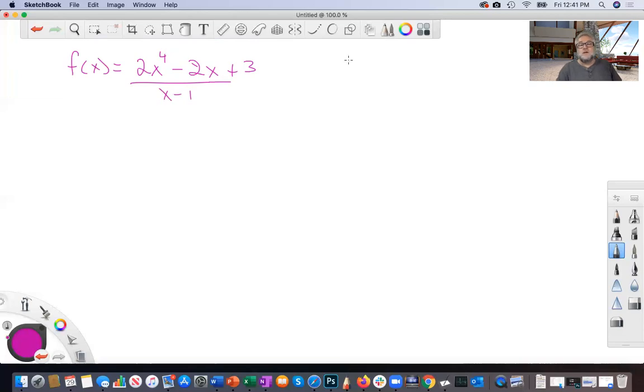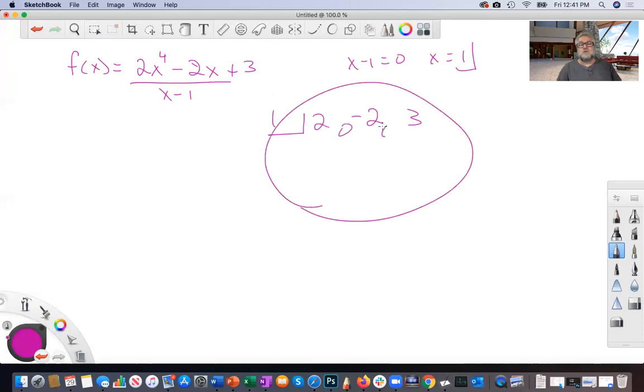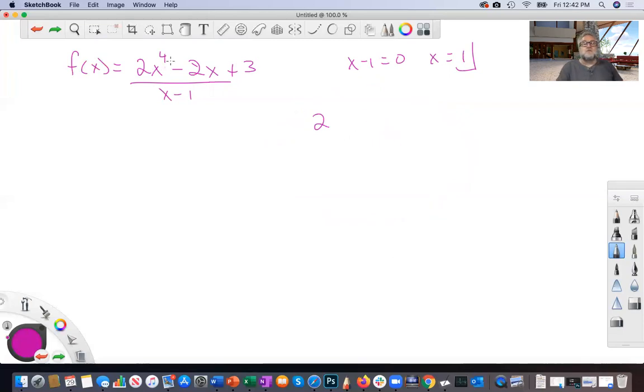Let's see, step 1, x minus 1 equals 0, so x equals 1. He goes in the penalty box. Now I write out my coefficients. 2, negative 2, 3, 1, and you are super sad because that is incorrect. Because you have to make room for the terms that are missing.